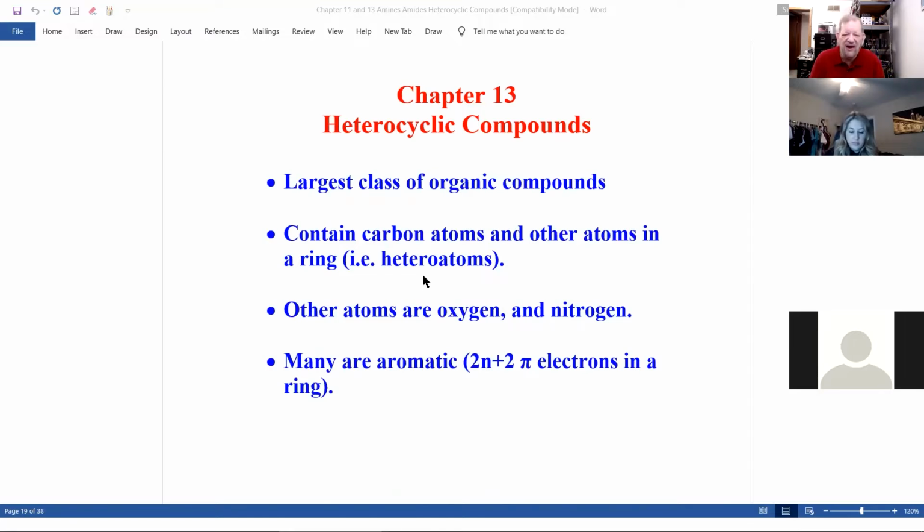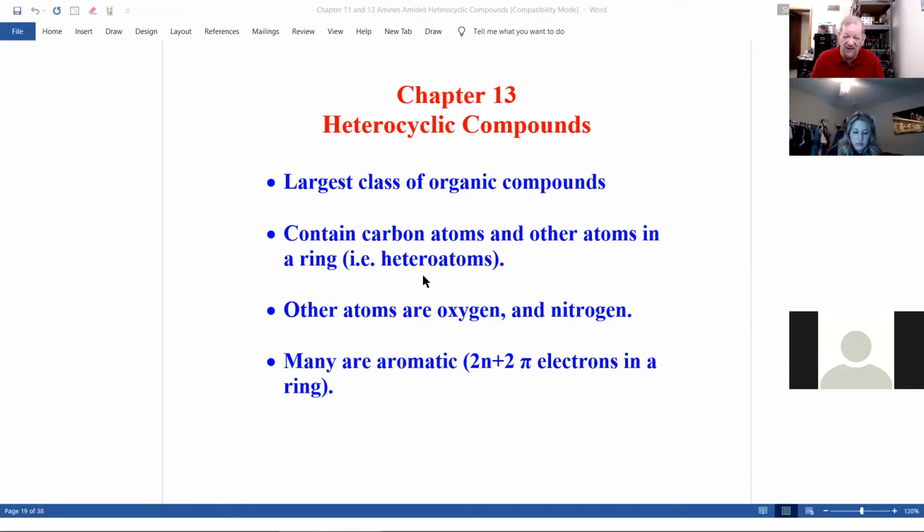All right. And let's talk about heterocyclic compounds. First of all, you don't need to know, but they're the largest class of organic compounds. And this you should know. What is a heterocyclic compound? It's a ring that contains carbon atoms and other atoms.